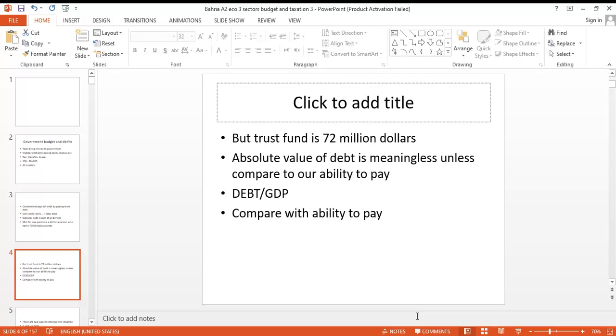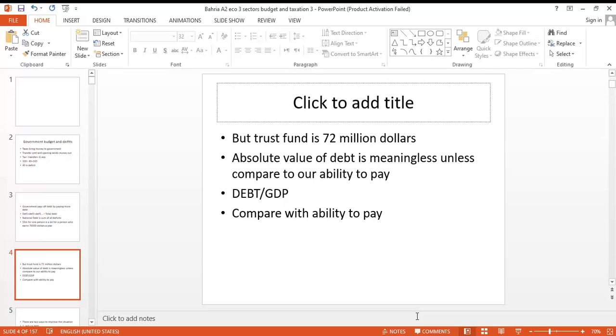Because the absolute value of debt in the modern economy is meaningless unless and until you compare it with that trust fund, with that high level of reserve, which we will call the GDP. In the case of a country, you don't have a trust fund. So we are just going to compare the debt to the GDP, because your GDP is your ability.